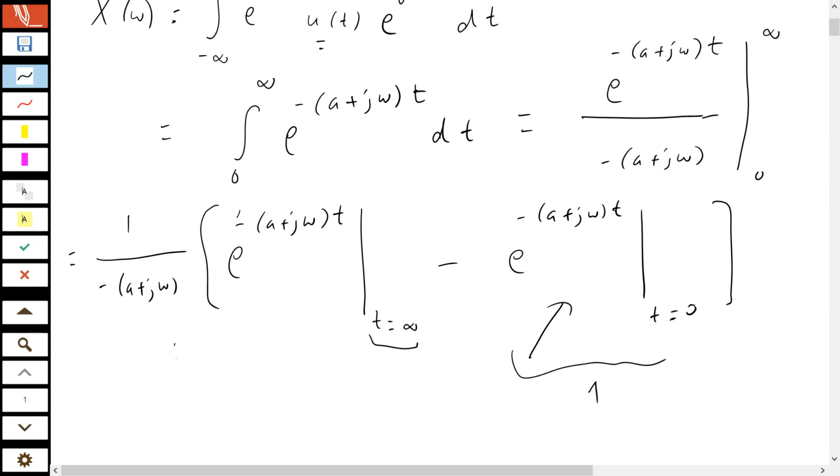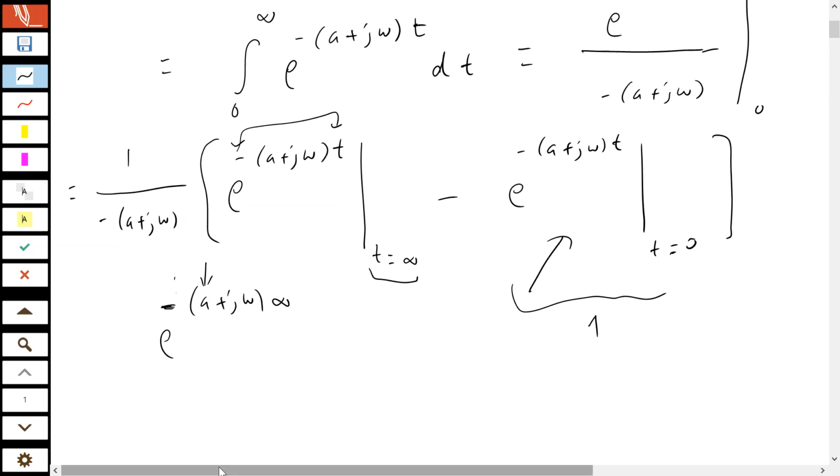Because you see this minus t. So your thinking process is like this. But here is a problem. You are only relying on the minus sign, but you are not looking at this a. This a in general is a complex number, right?